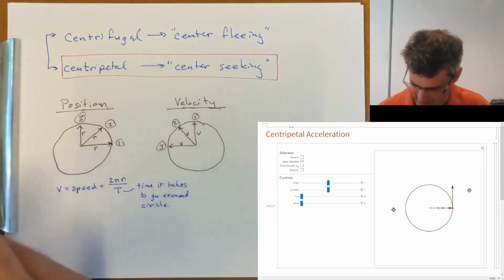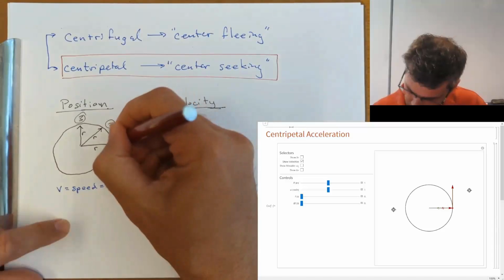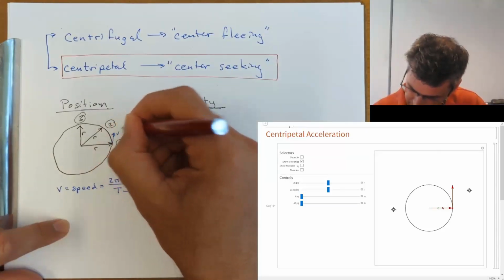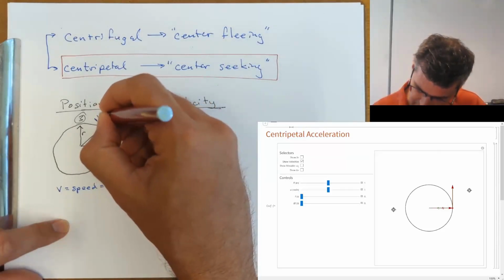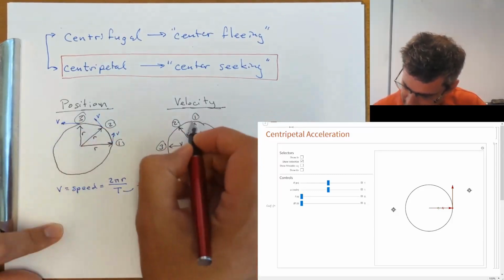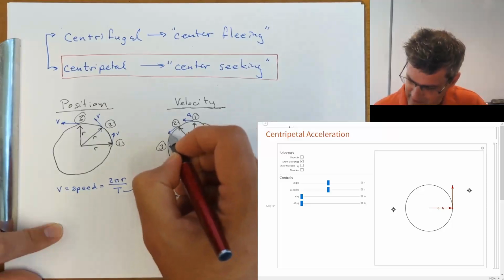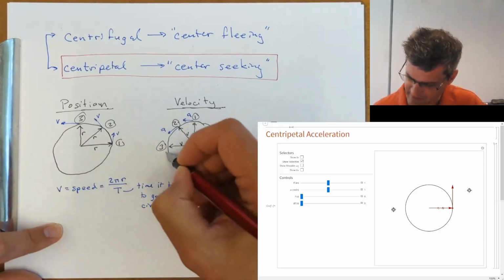In an instantaneous sense, while this was a velocity vector, and this was a velocity vector, and this was a velocity vector, this must be an acceleration vector. This must be an acceleration vector.